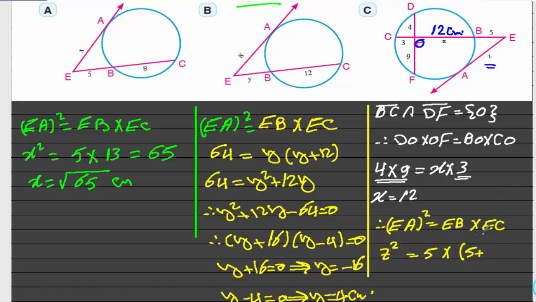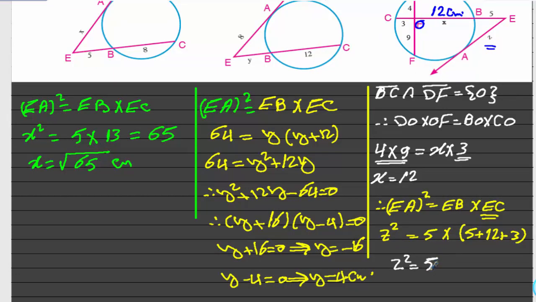So EC equals 5 plus 12 plus 3, which is 20. So Z power 2 equals 5 multiply 20, it is 100. So Z equals square root of 100, which equals 10 centimeters. So we have Z equals 10 and X equals 12.